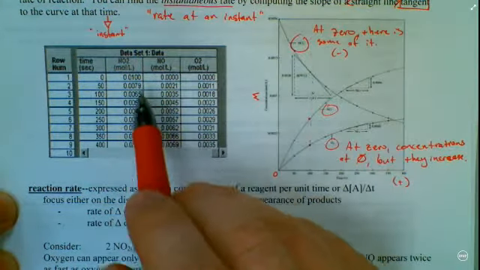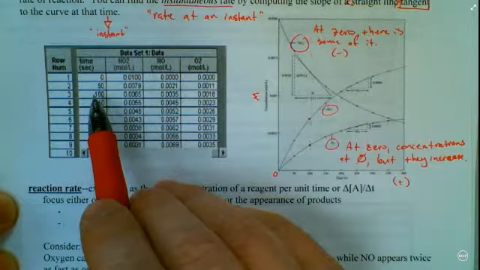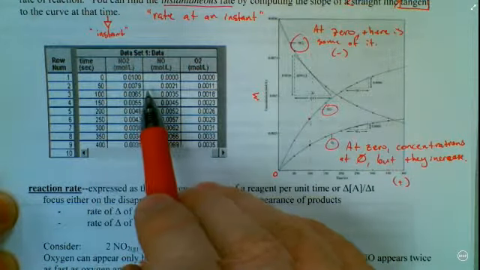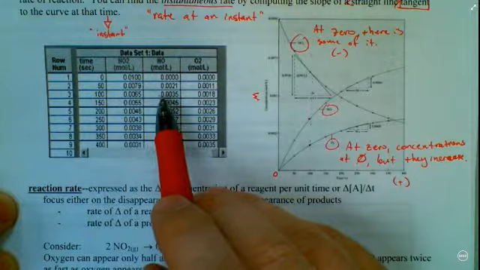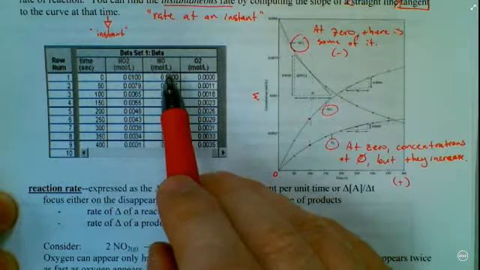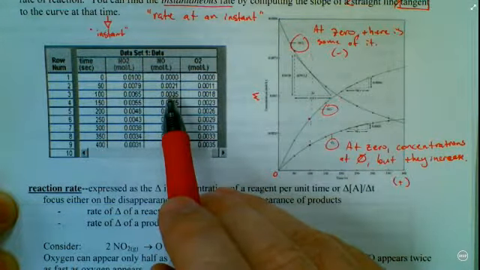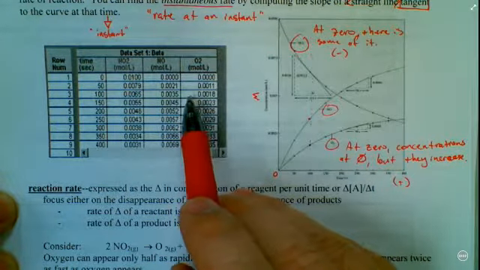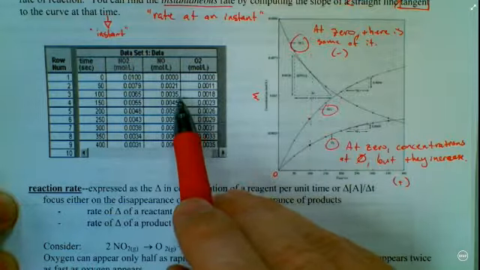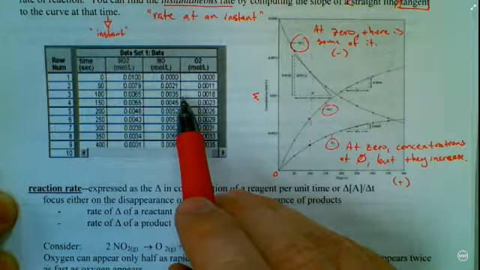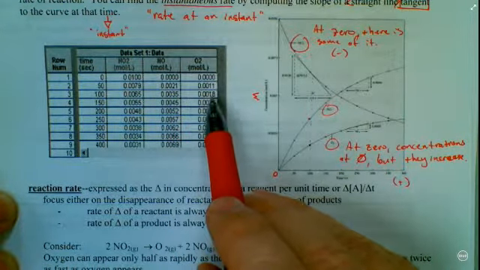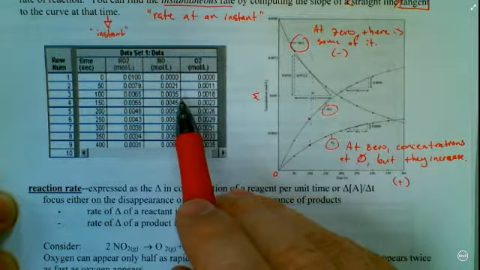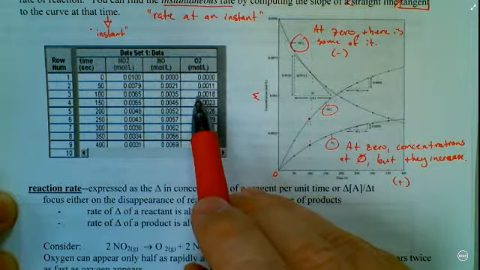So let's go to 100 seconds again. Here's my concentration of NO, moles per liter, that's molarity. So I have my concentration of NO and my concentration of O2. It's not absolutely perfect because we don't have enough exactness here, but notice how the concentration of NO is about twice that of O2.